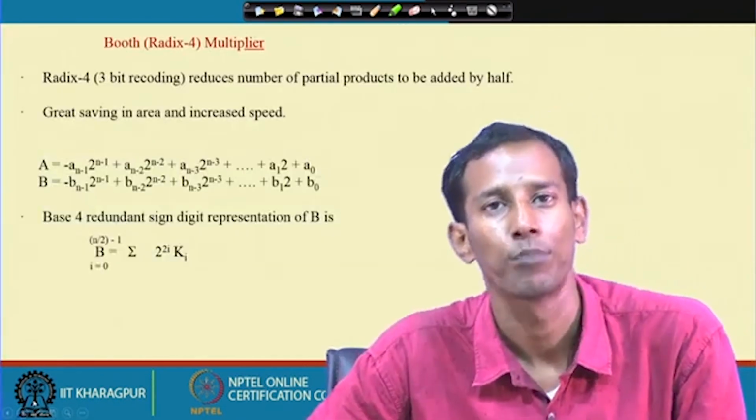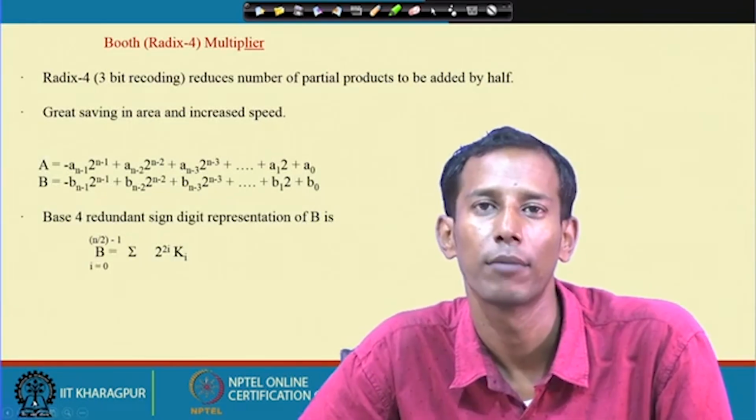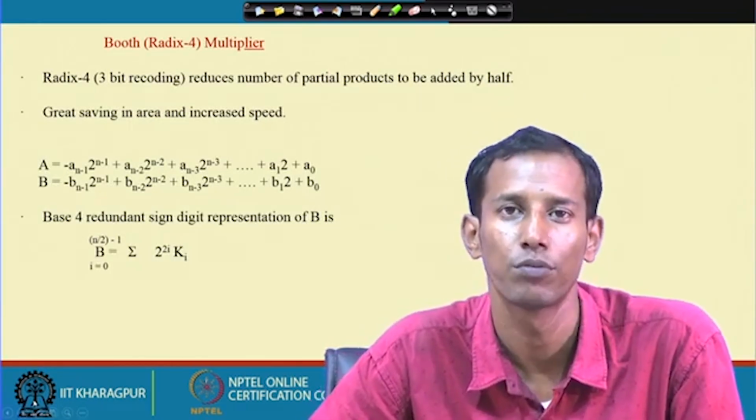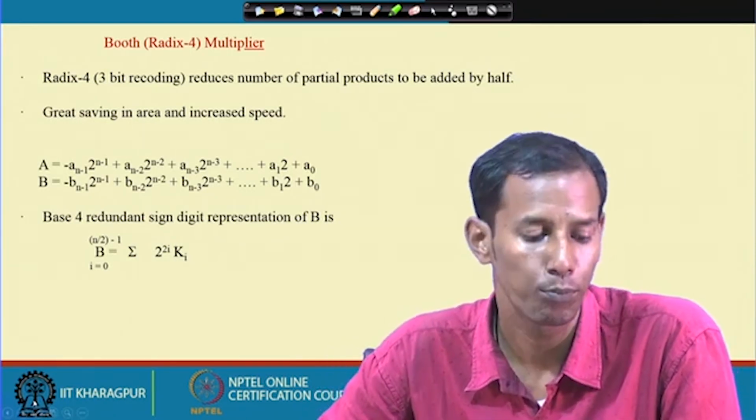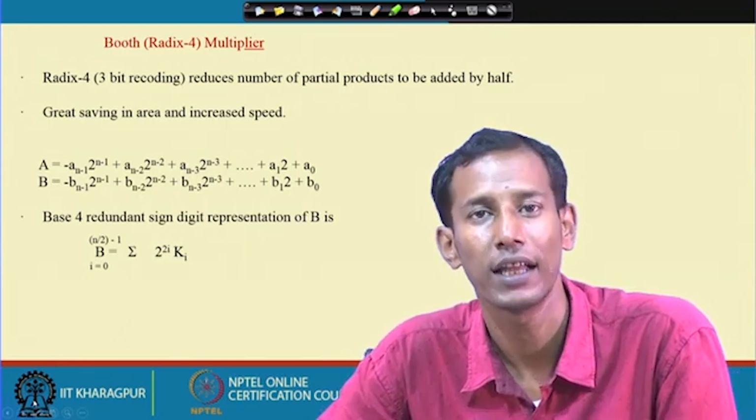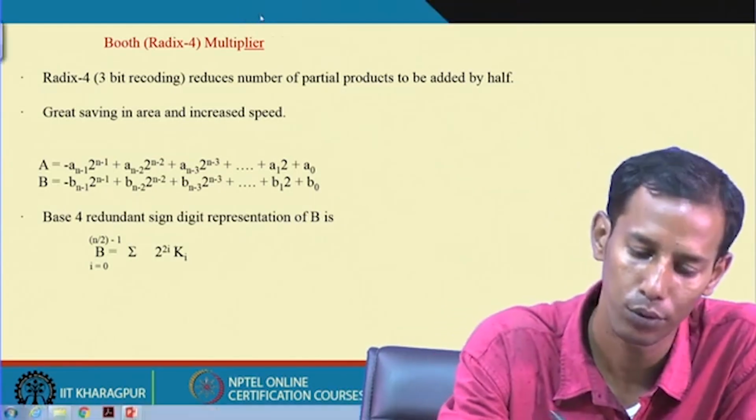So, then there is another method of doing the multiplication operation, that is Booth's multiplier. Okay. So, in the multiplier, what do we do?